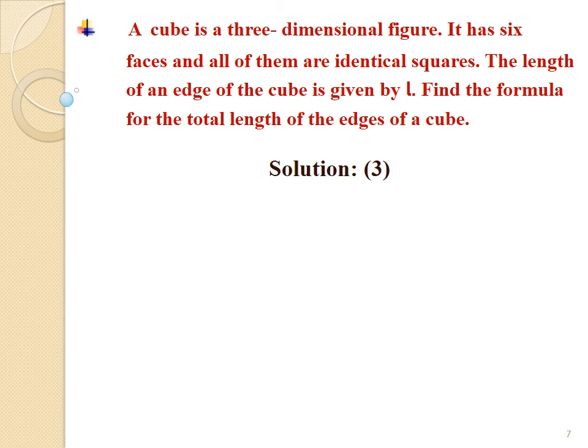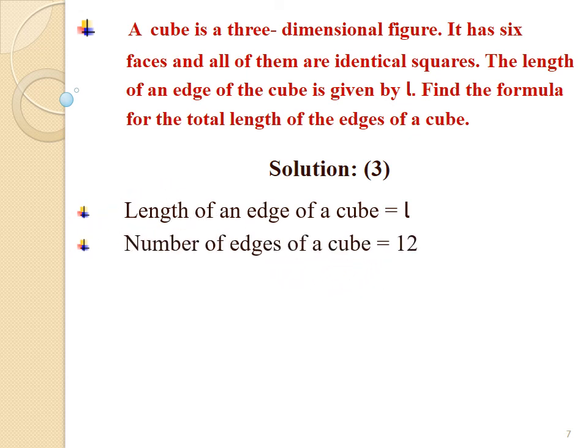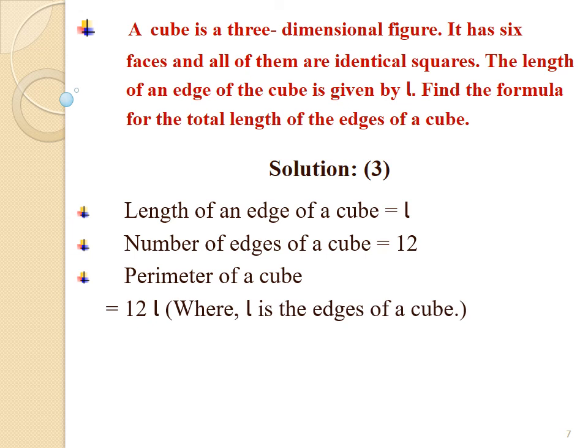The length of an edge of a cube equals L, and the number of edges of a cube equals 12. So now, let us write the rule for the perimeter of a cube using L for the edges of a cube. Thus, the perimeter of a cube equals 12L, where L is the edge or side of a cube.